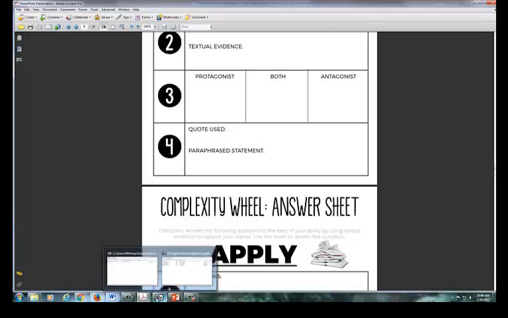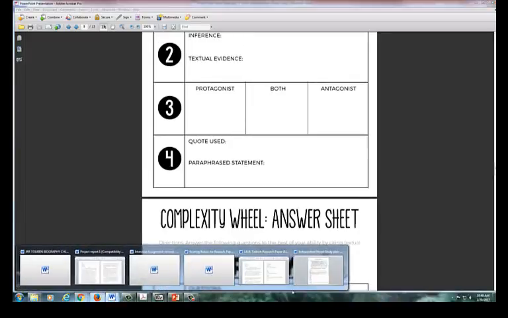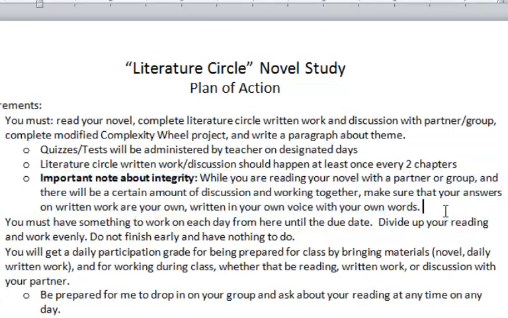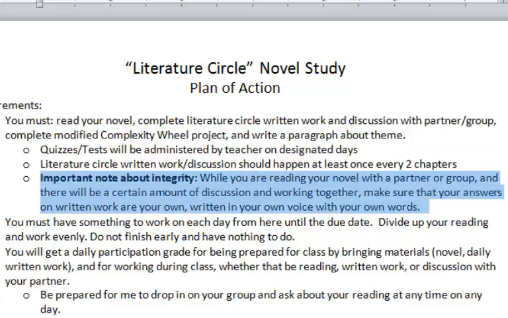Now, this leads us to this note on integrity. Okay, it's not as relevant with your literature circle work because everyone is doing different work for each discussion.